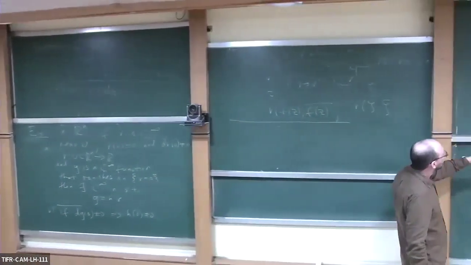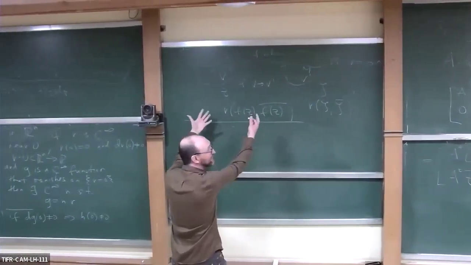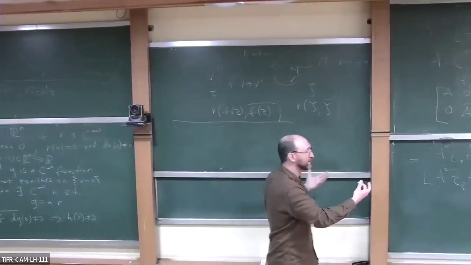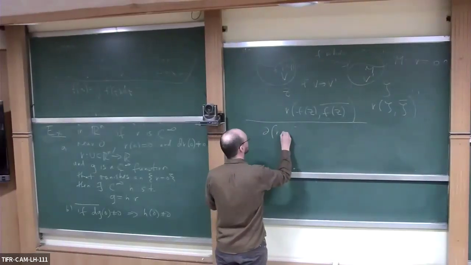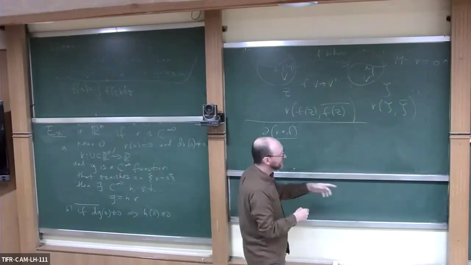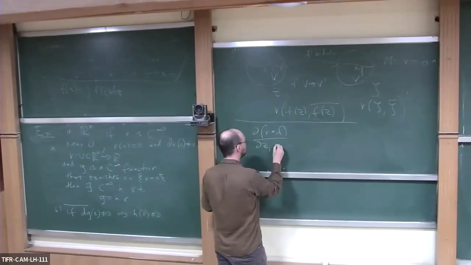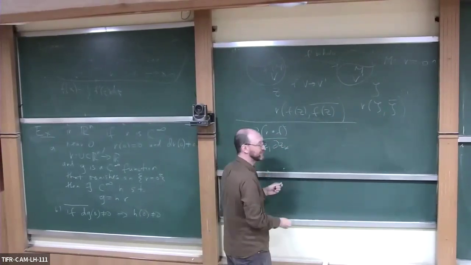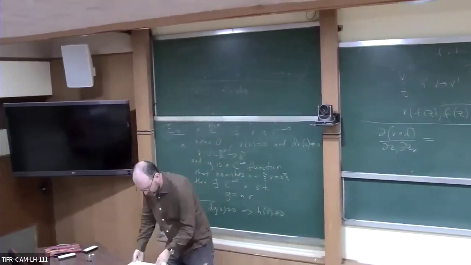So let's look at what happens over here, right? Under this change of coordinates, not a linear one, but a more complicated one, R composed F. Let's look at this part. So it's just the holomorphic derivative, Cj, right? Evaluate it at some point.